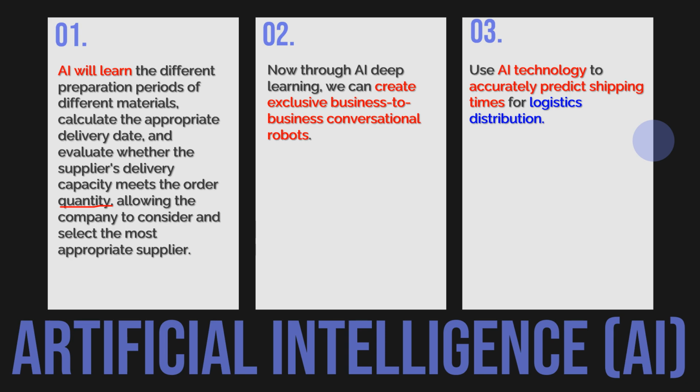Right now a lot of luggage they don't handle smoothly. They just throw it. So that's why when you open the luggage, everything inside is a mess. So that's a technique. You can put a fragile on your luggage. They will take care of your luggage carefully. And it allows the company to consider and select the most appropriate supplier.